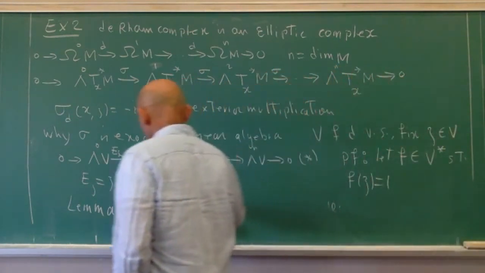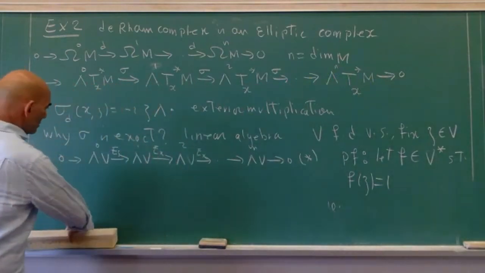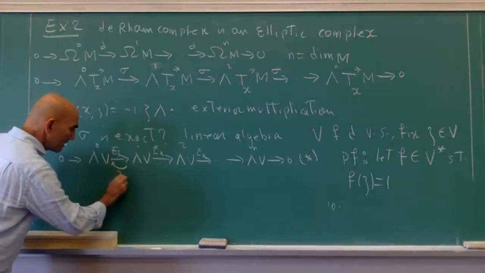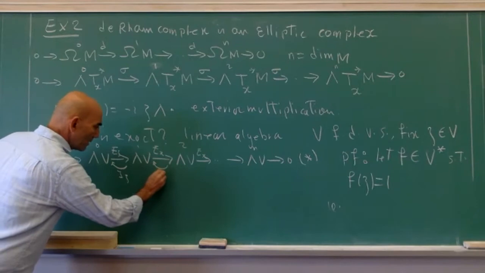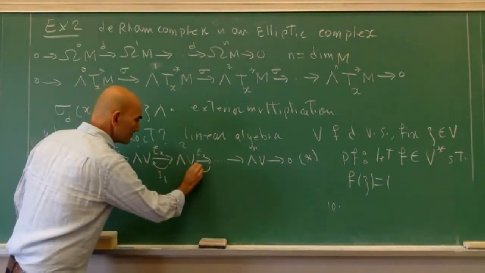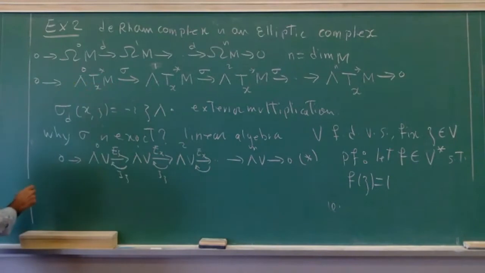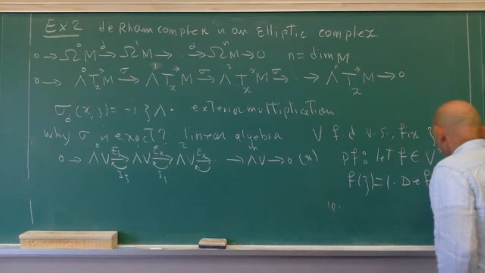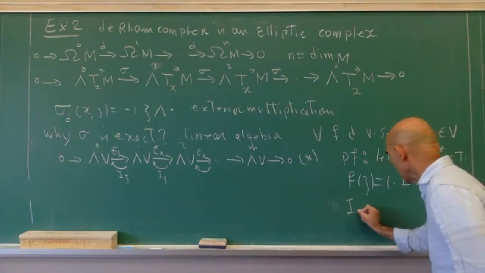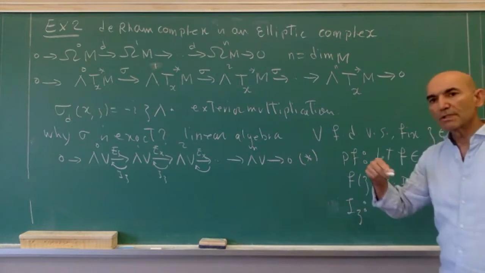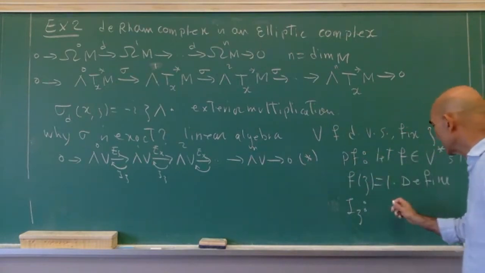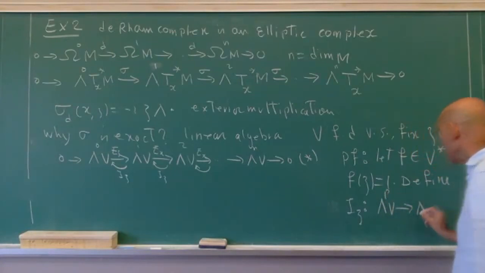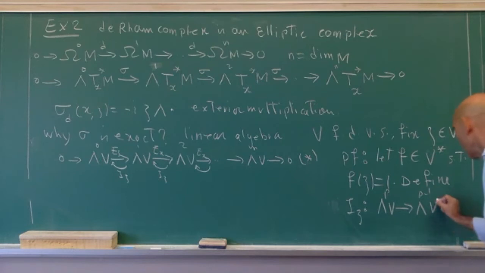So I define i_{X_c}, and this i_{X_c} is decreasing the degree, right? So i_{X_c} is going to go from wedge p of V to wedge p minus 1 of V.